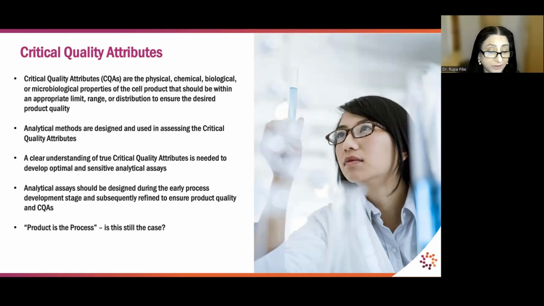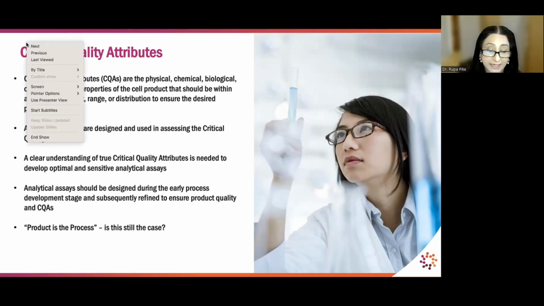But once we have a clear understanding of the true critical quality attributes and assays that are sensitive enough to evaluate these, the field can then begin to advance to a quality by design approach where the process operates within a range and the CQAs and not the process truly define the product. And I would like to talk about this a little bit in our QA time. Next slide, please.